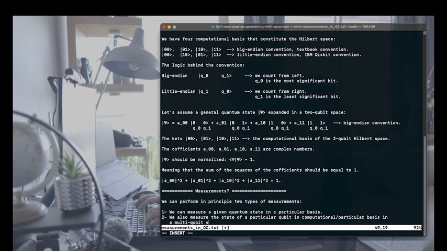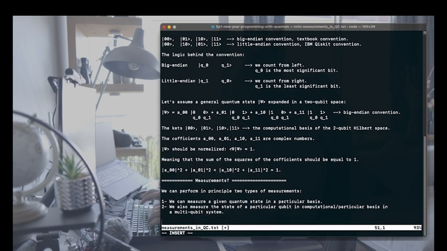So first, let's consider the case of measuring a given quantum state in a particular basis. For example, if we have the ket psi equal to A00 ket 00 plus A01 ket 01 plus A10 ket 10 plus A11 ket 11.